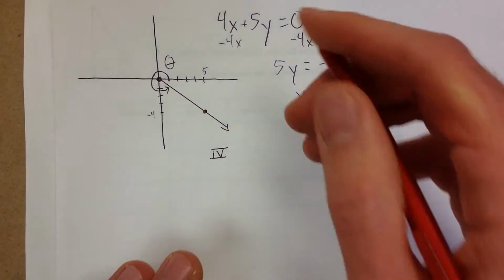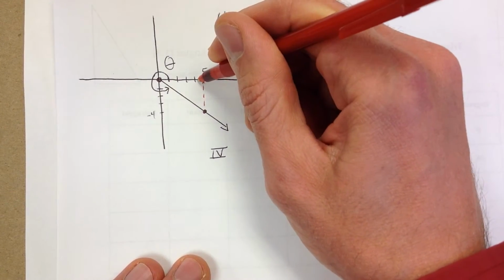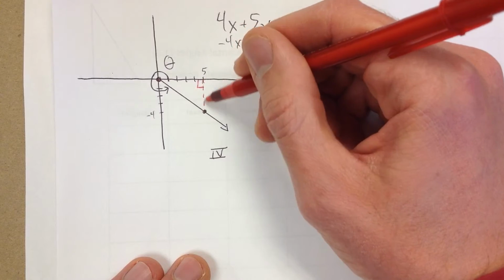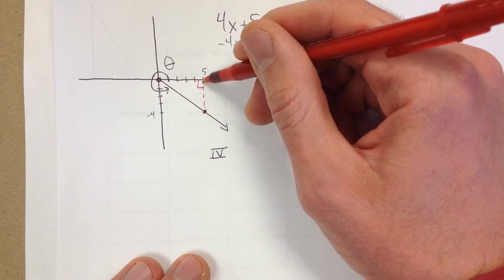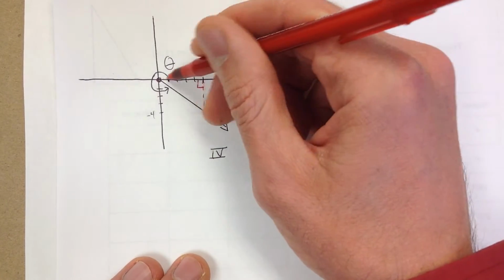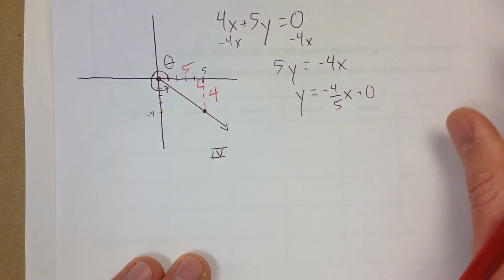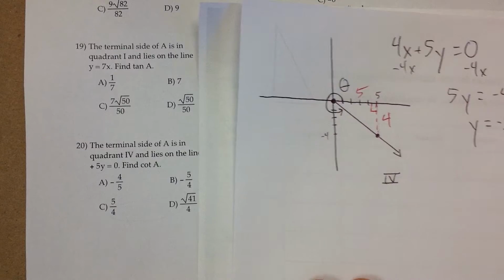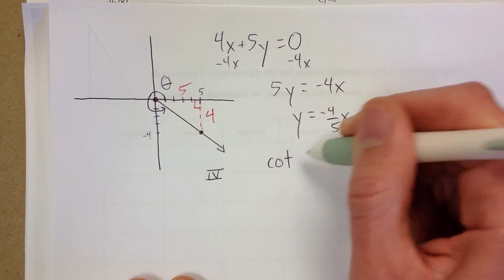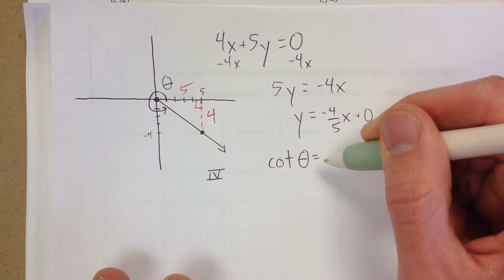Feel free to draw a right triangle. It's always with respect to the x-axis. Ashley, could you tell me how long this side is? 4. Good. This side? And 5. And let's see. We're trying to find cotan, so we don't need r. Sweet. Less work to do. Ashley, cotan is what over what in general?